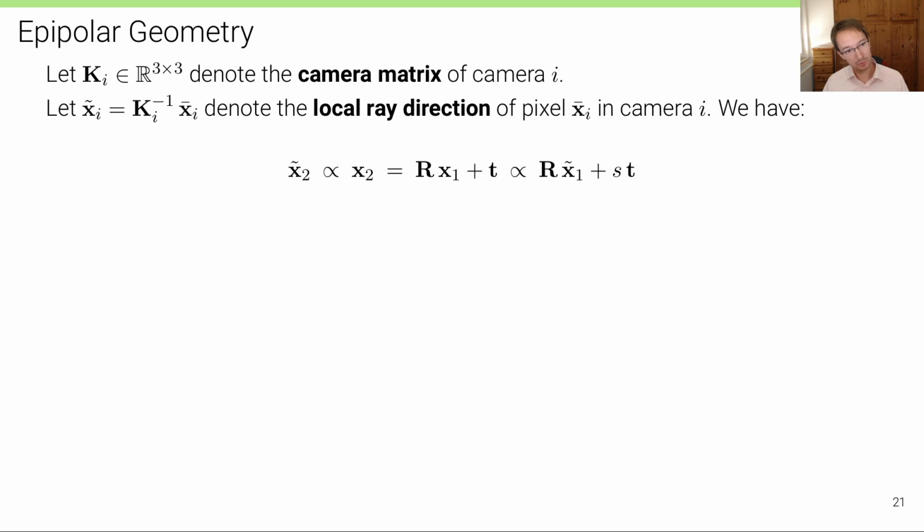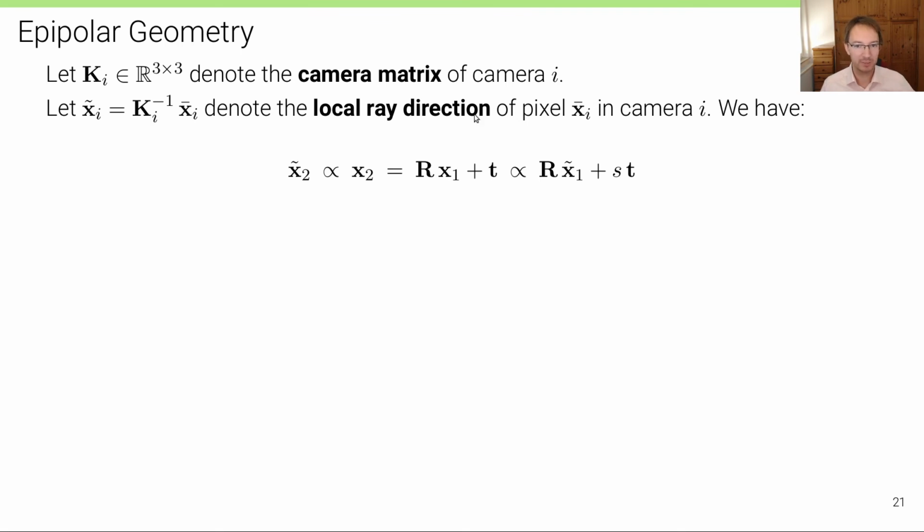Now, if we know that calibration matrix, from a 2D pixel coordinate here in augmented vector notation, we can find the local ray direction by undoing what the last step of the image formation process does, which is the camera calibration matrix application. We're just doing the inverse of that.